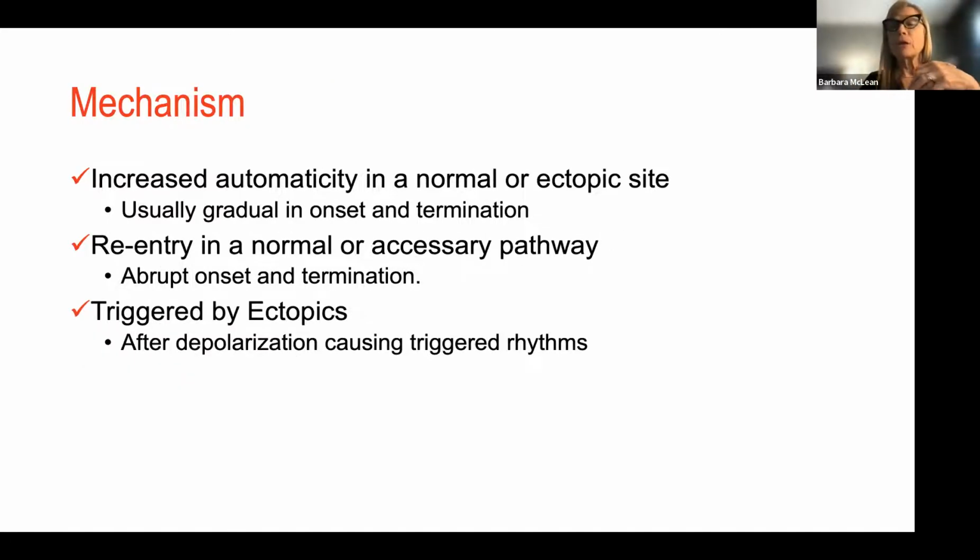So when we talk about wide QRS tachydysrhythmias, we really talk about a couple of different mechanisms that can occur. First of all, we know that you have an increased automaticity in an ectopic site. It might also be in a normal site, but typically it's ectopic. And typically what you see first are abnormal depolarizations, and then runs of abnormal depolarizations, and then a tachycardia presentation.